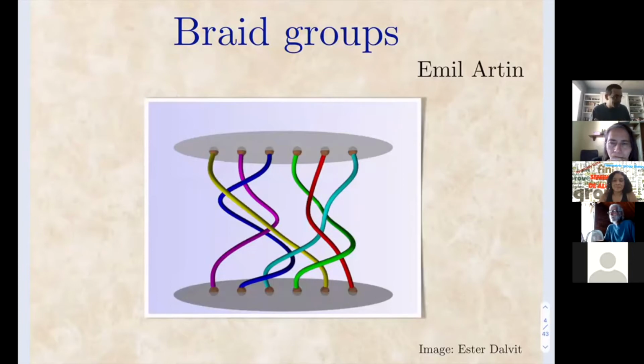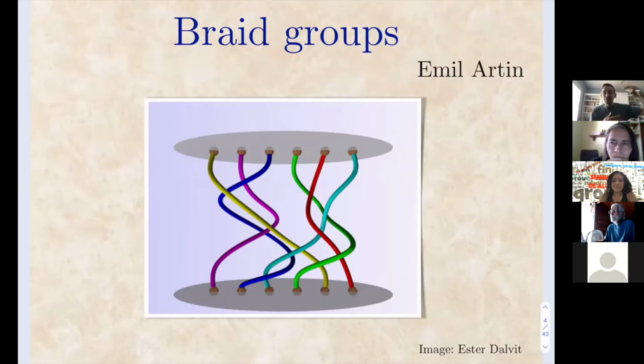And we say 2 of these are the same if they're isotopic, meaning you can deform one picture to the other. So if I take this strand on the right and I do this, it's the same braid, as long as I don't pass it through another. I don't know how familiar your group is with braid groups, so please ask questions if you have them. The group operation is stacking.